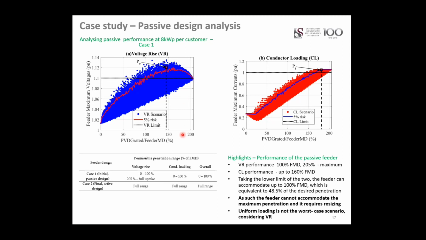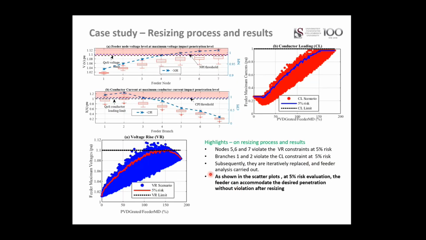Your penetration is an independent factor, but it is generally increasing. It will exceed your acceptable feeder maximum demand at a certain point, because at 100% that is your feeder maximum demand. You want to design your system from a passive to an active one, such that it can accommodate the given 168 or 200 kilowatt peak of PV, and at that point it should be somewhere here. And when we do the resizing, you have to ensure that your constraint is actually met.